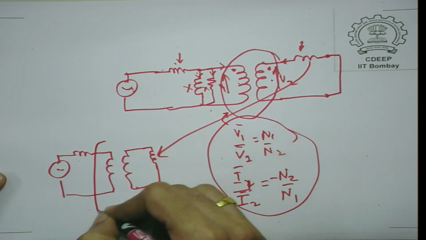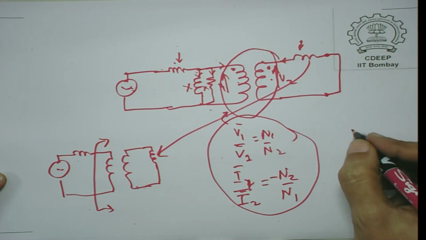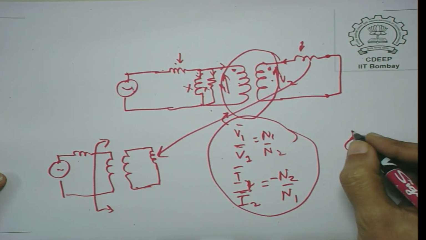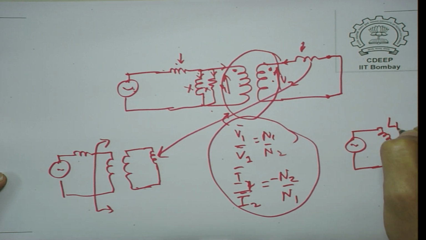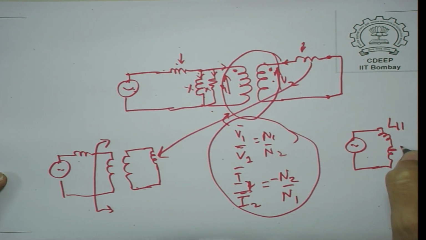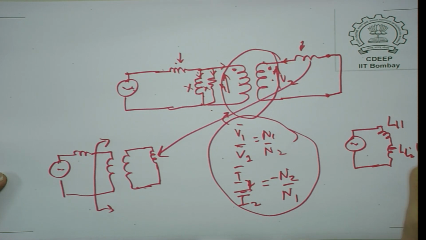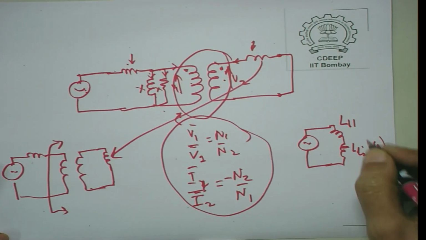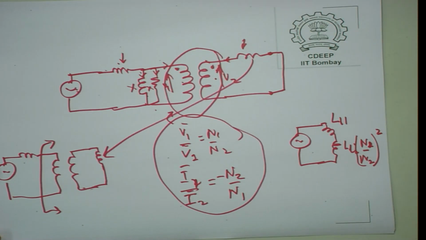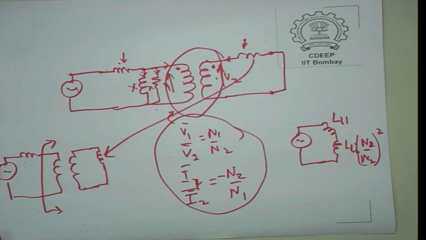If you look at it from the primary, this is an analysis we have done before, you have got L1 plus L2 into N1 by N2 whole square. This is something we have done for the resistive load, if you recall.